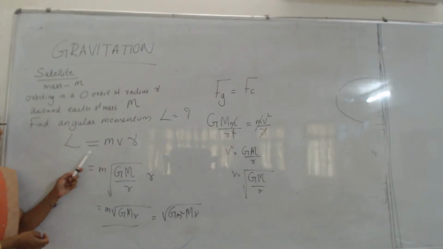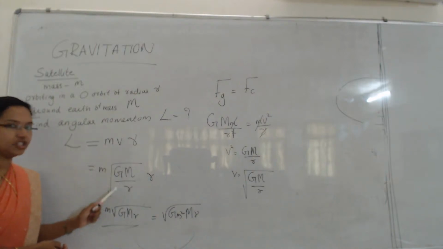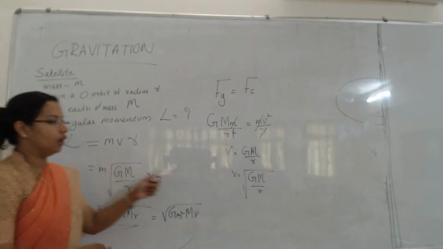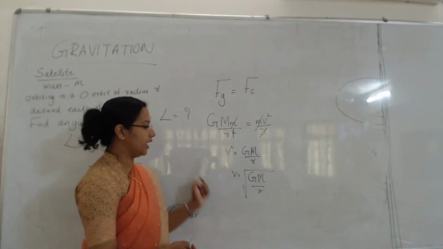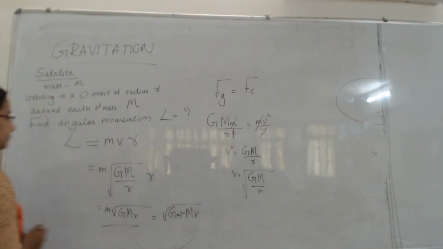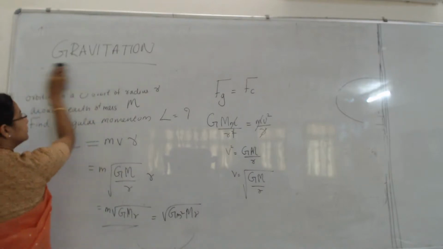Angular momentum L equals mvr, m into v, root over GM by r, into r. We got it. Here, for velocity, if you remember the orbital velocity equation, you can substitute that. Next question.